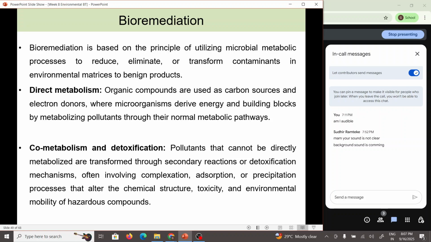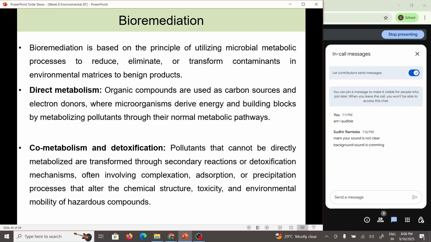So bioremediation is based on the principle of utilizing microbial metabolic processes to either reduce, eliminate, or transform contaminants in environmental matrices. So our aim to study environmental biotechnology is to understand the microbial processes in nature and then go about using that knowledge in developing biotechnological processes for environmental remediation.